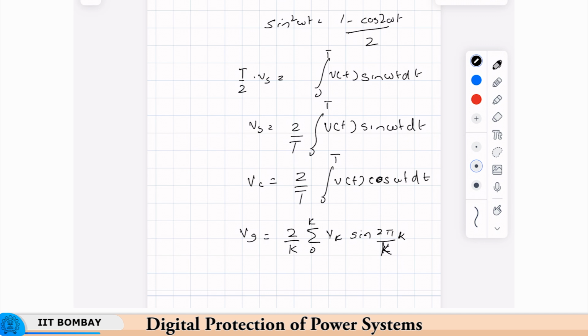And Vc is equal to the same, which is what we have got from the method of least squares. I have just used the integral, the continuous function here, instead of the discrete, because it is easier to explain, but you will get the same result in any case if you were to use that method also.